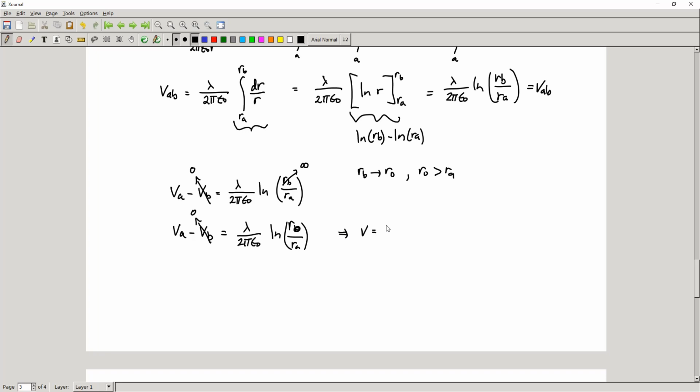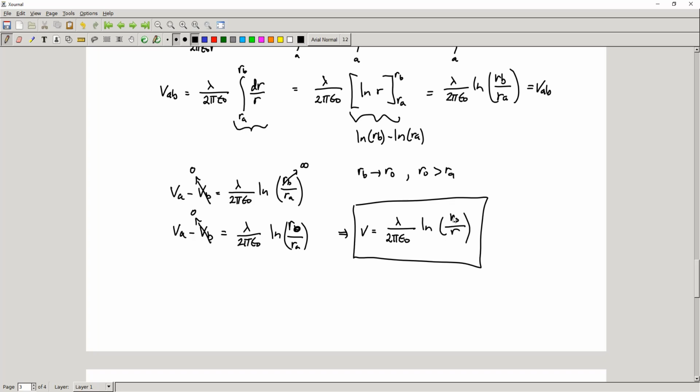So we end up with an expression that looks like this. And that will be our final answer. Okay, so we have our potential at a point R, at some distance R from our infinite wire, and we're setting our 0 potential at R naught.